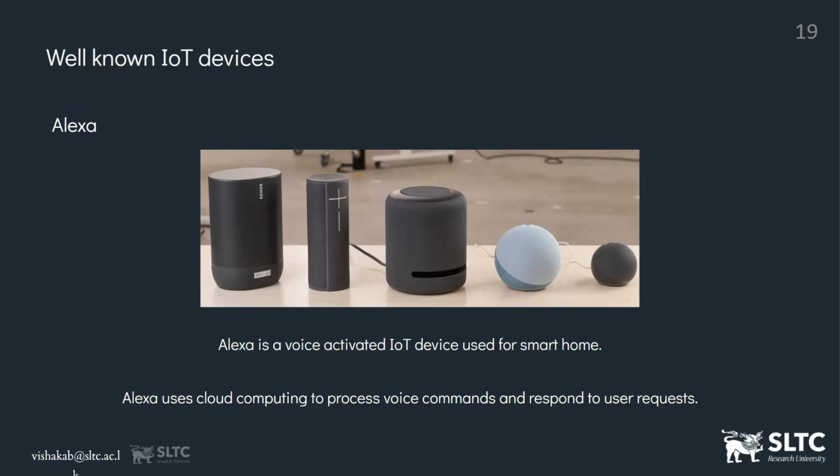It is a voice activated IoT device used for smart home applications and related applications. It uses voice commands that we give to the device, and it does the processing in the cloud servers, and then it responds to the user request using the data that it can obtain in the cloud servers and on the internet.